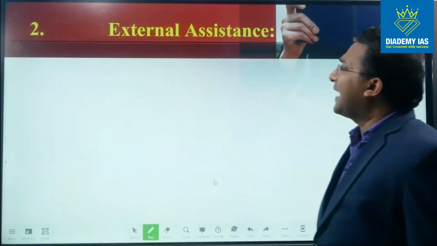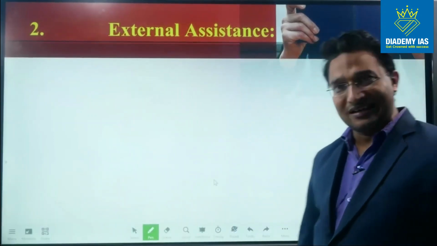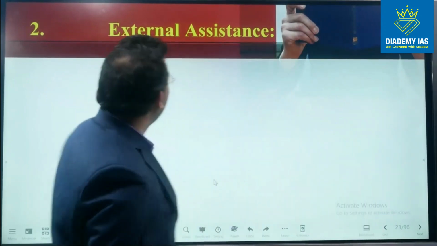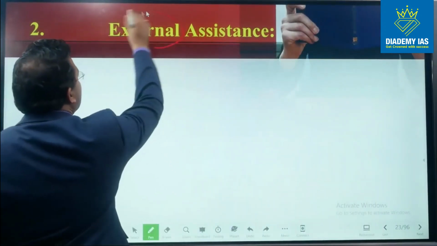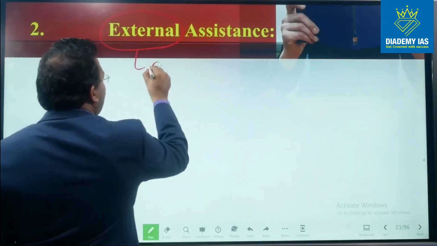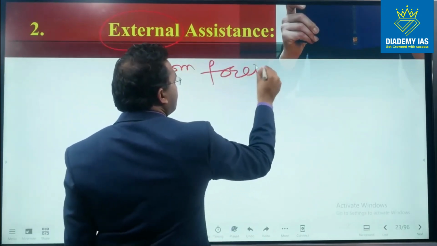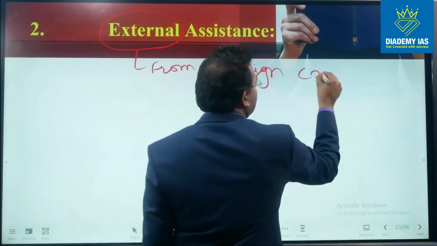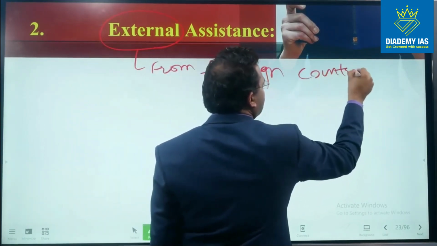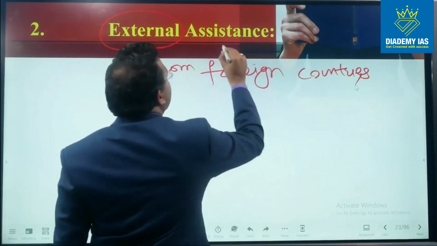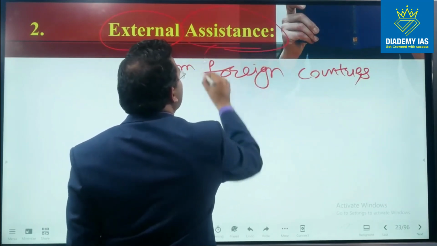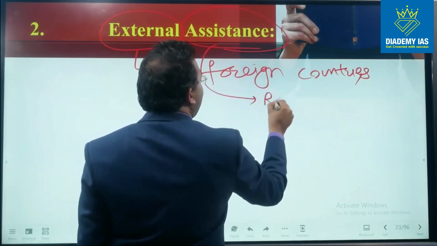Now the second type of loan is external assistance. Again, if you break down the terms, external means from foreign countries. Assistance means that there is some relaxation.